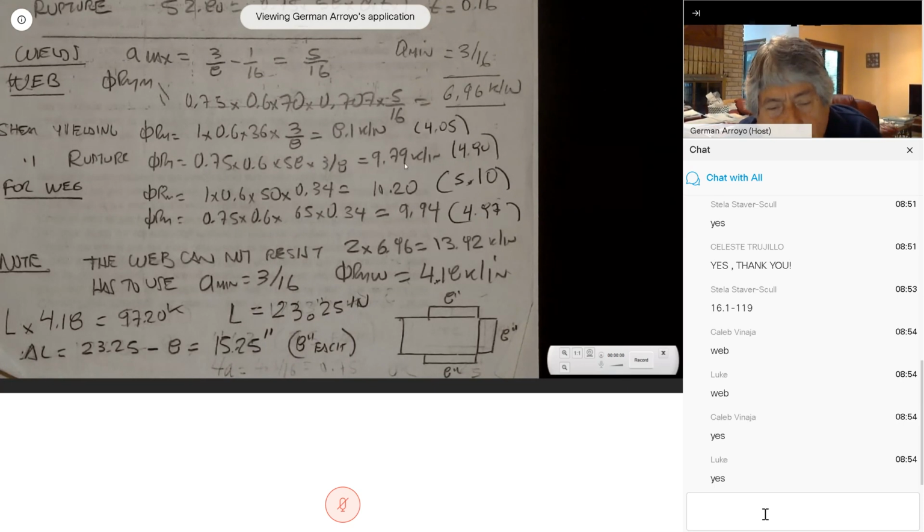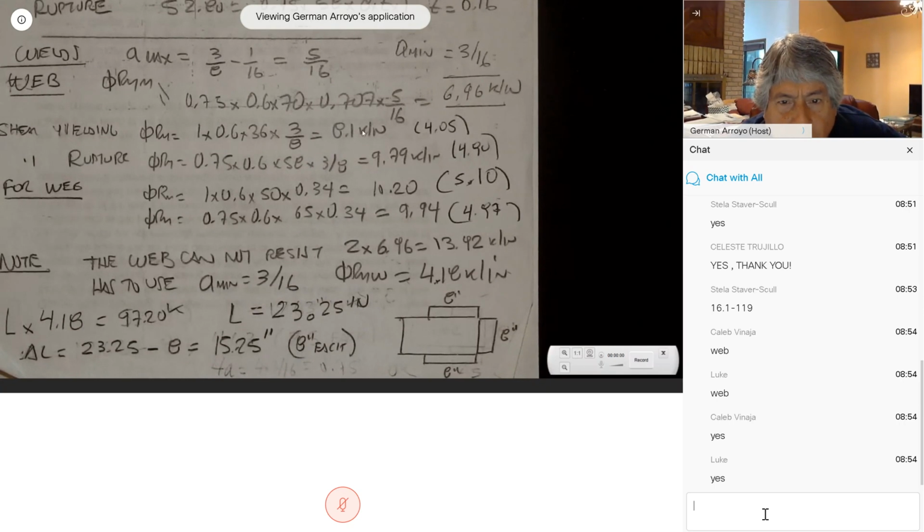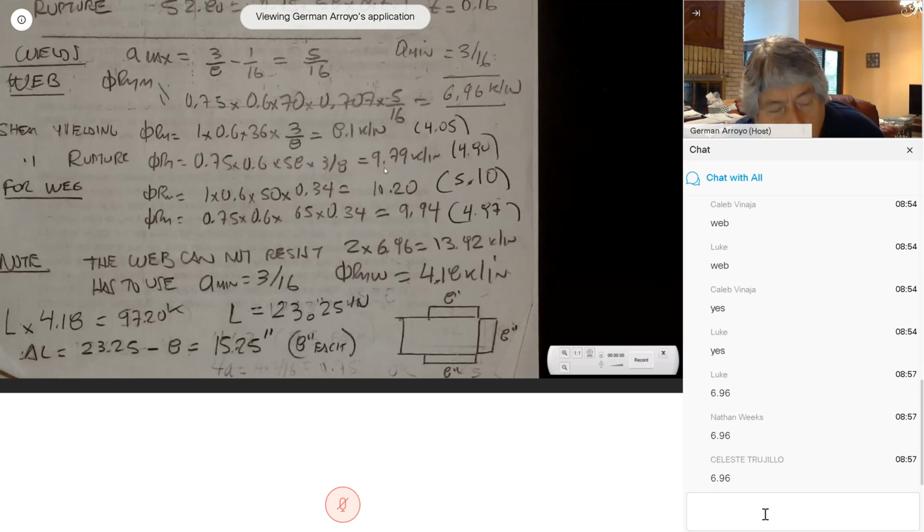So right now, you compare the 6.96, 8.1, and 9.79 for the plate. Which one is controlling so far? Anybody? The weld controls.